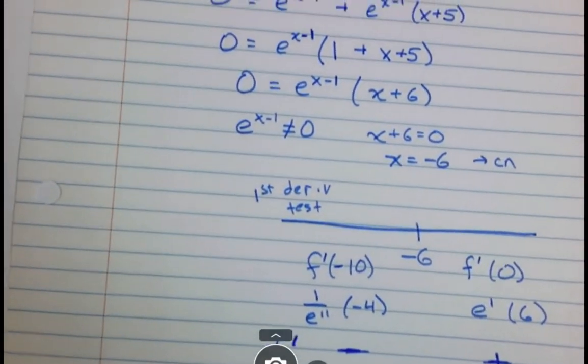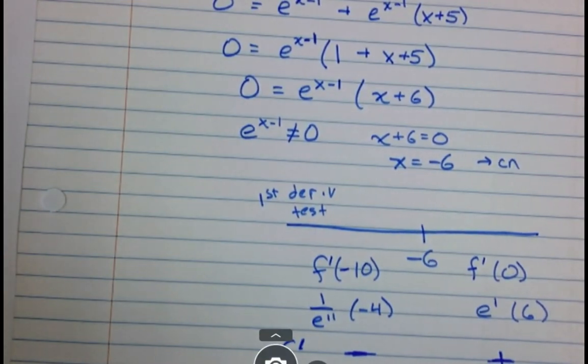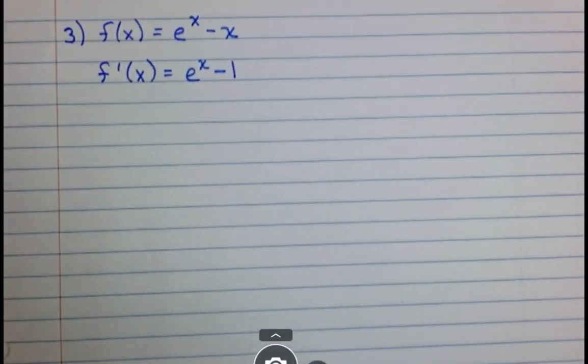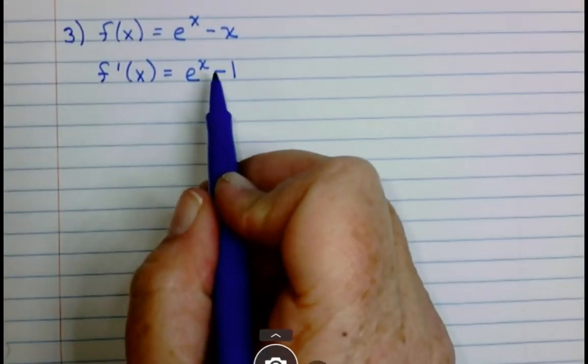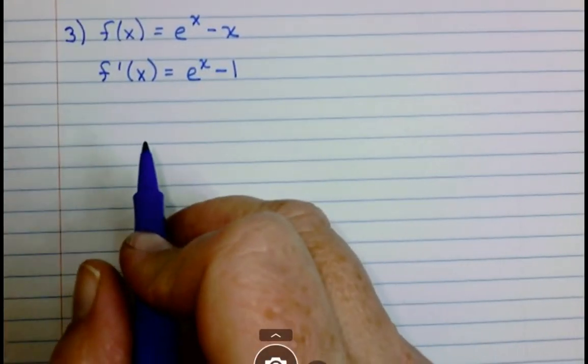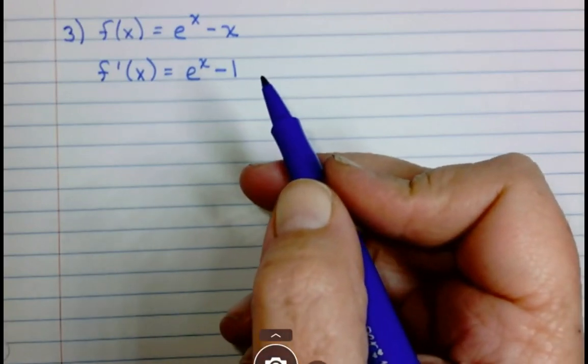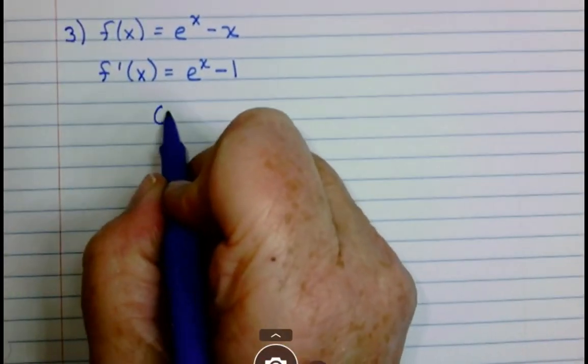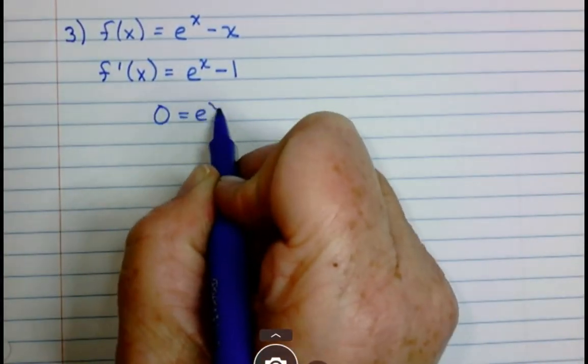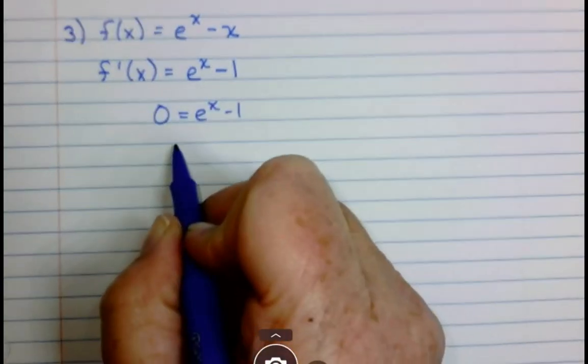All right, let's do another one. What do we have for number 3? Good one. Okay, hopefully on your own you took a derivative of this and you got that. And we can't factor anything out here. So let's just set this derivative equal to 0. Add 1 to both sides.